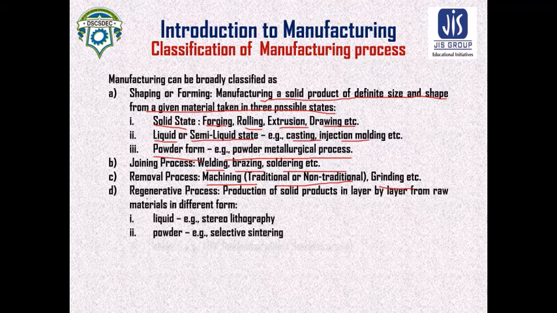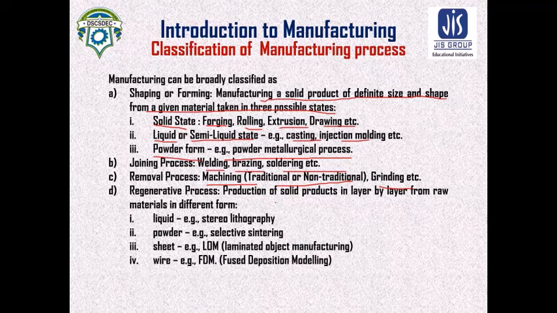And then there is the regenerative process. These regenerative processes are in trend nowadays. This is the production of solid products layer by layer from raw material in different forms. If the raw material is liquid, the process is known as stereolithography. If the raw materials are in powder form, the process is known as selective sintering.